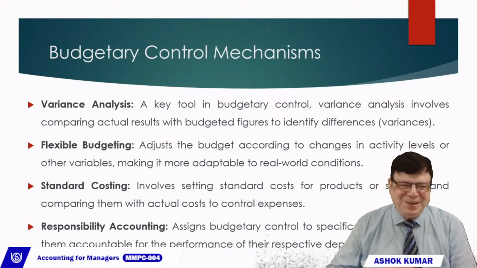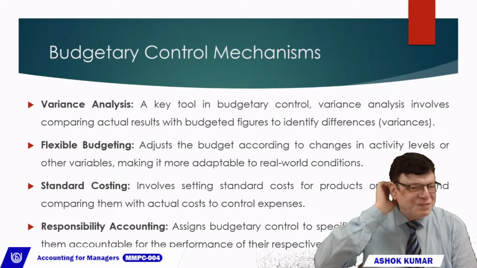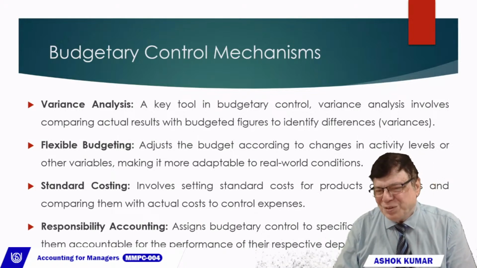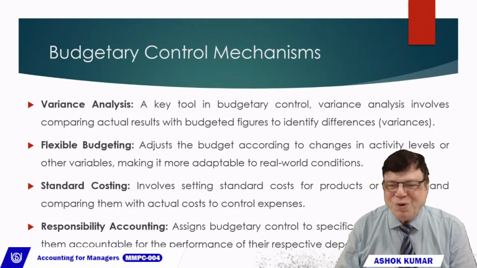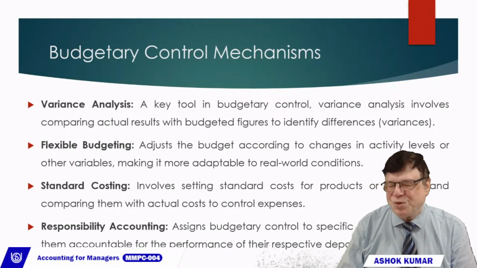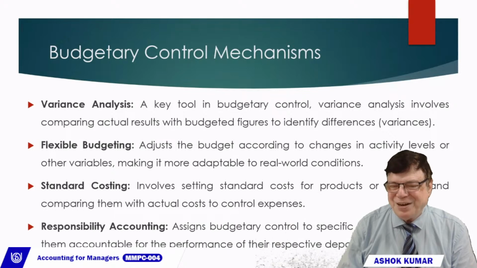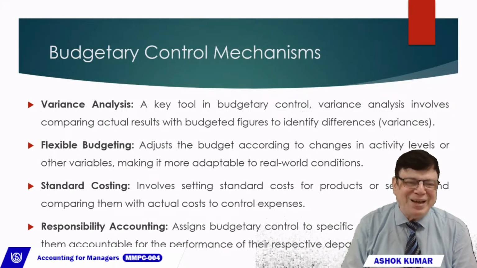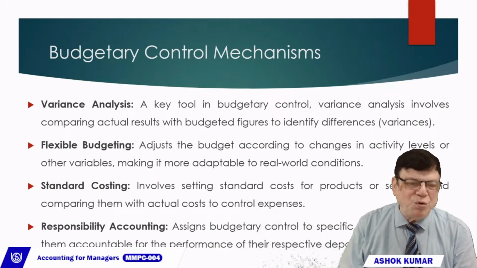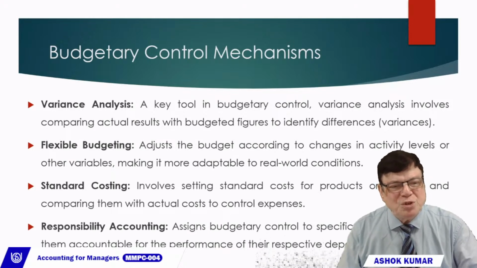Why the budgeted figures were not achieved. So they will make accountable the specific managers whose responsibility it was for the performance of their respective departments. Department heads will be asked. So they have to give the responsibility.